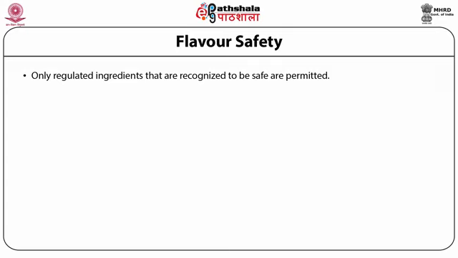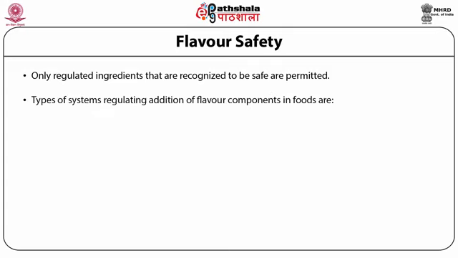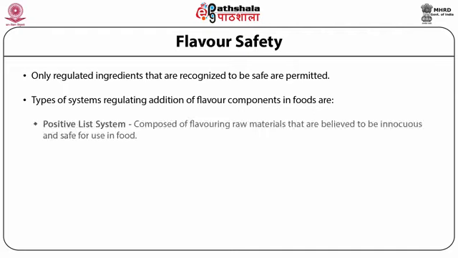Now, how to determine which of the flavoring ingredients are safe and are permitted? For this, there are certain types of systems that regulate the addition of these flavor components in food, which can be listed here. One is the positive list system, wherein flavoring raw materials that are believed to be innocuous and safe for use in food are listed.